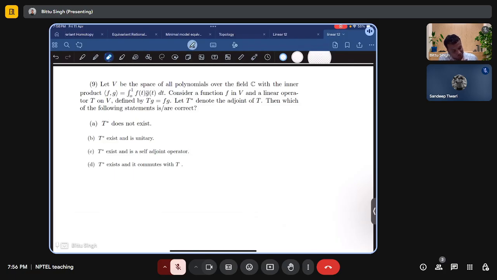Now we need to find the adjoint of this T. Okay, so we'll start with the inner product of Tg1 and g2.